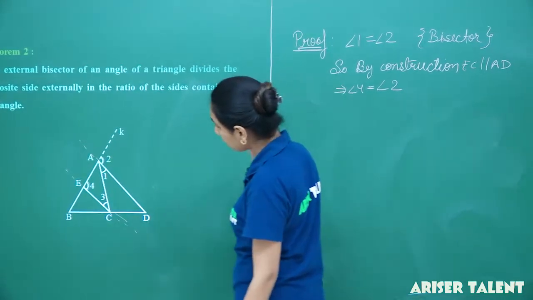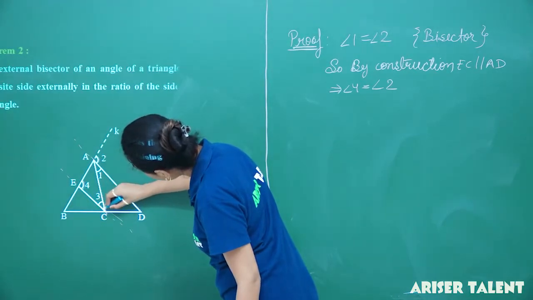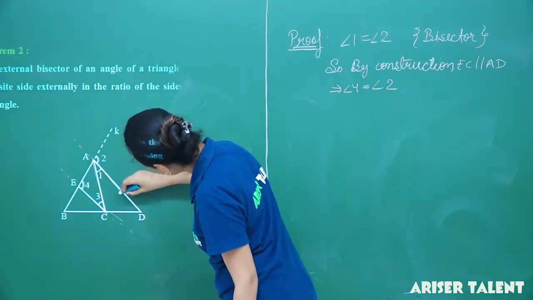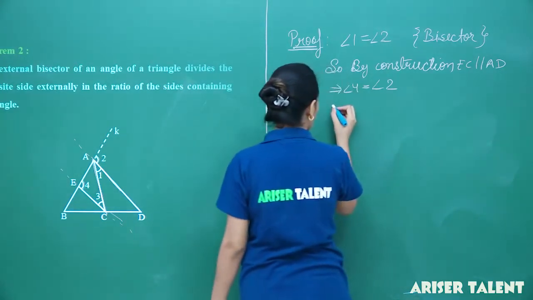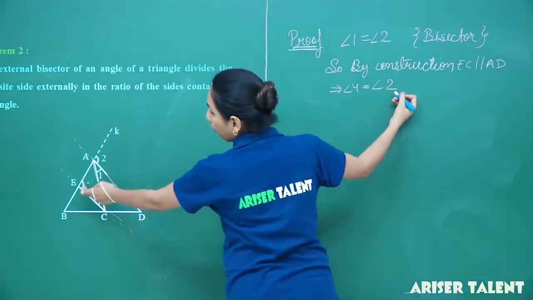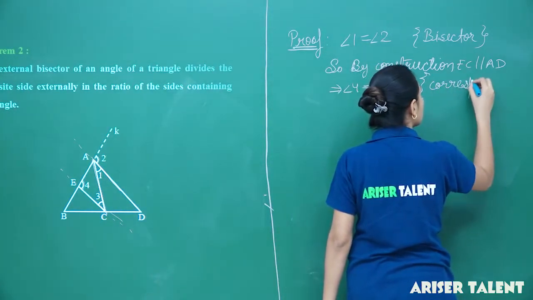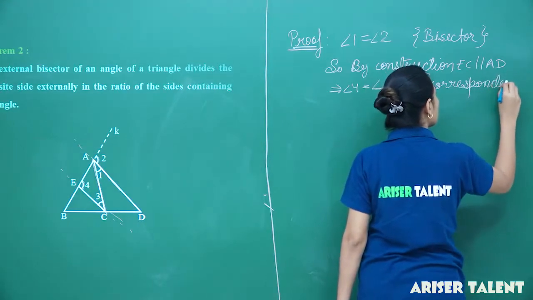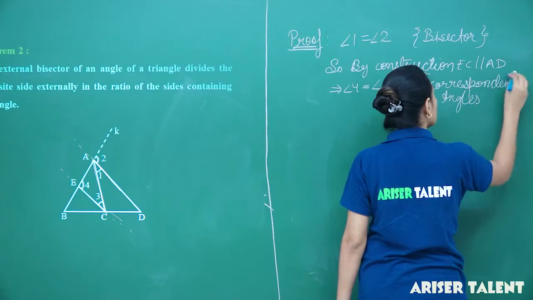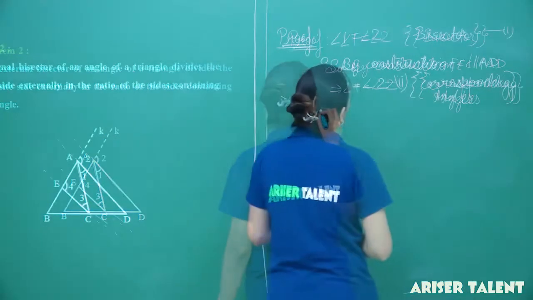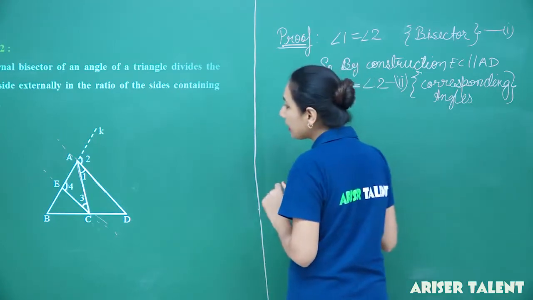Okay. Now, look at this, angle 3 will be equals to angle 1, alternate angles. Okay. These 4 and 2 were corresponding angles. Corresponding angles, students. And okay, students, so these are our corresponding angles. So, these two angles are equal.